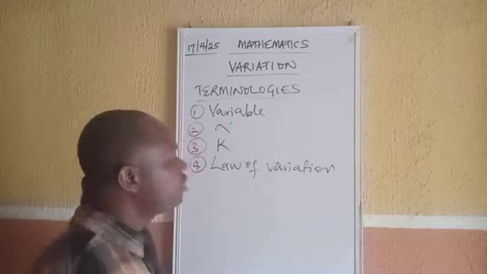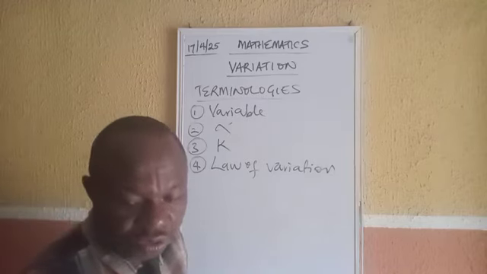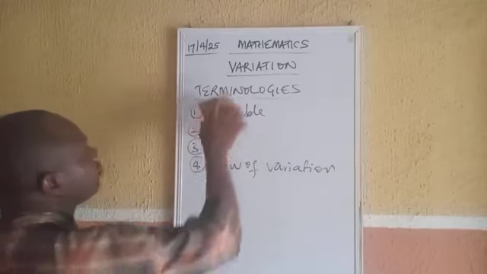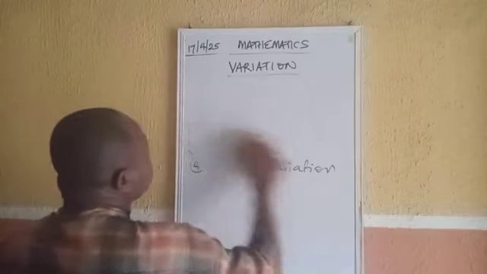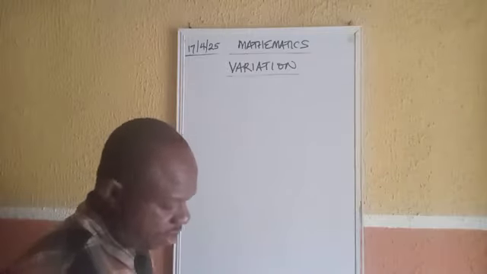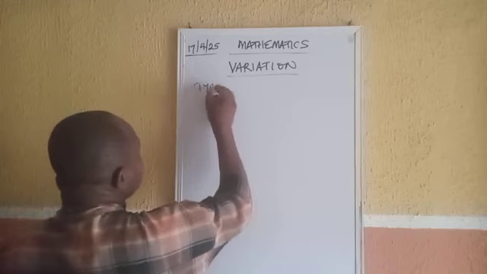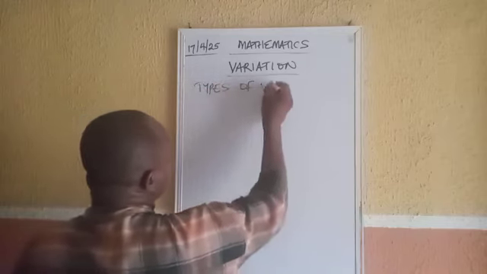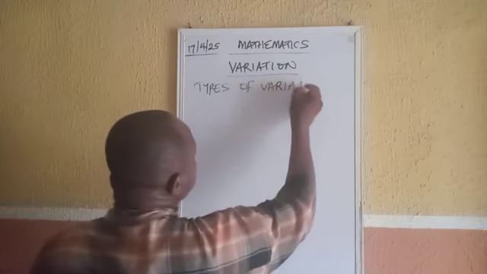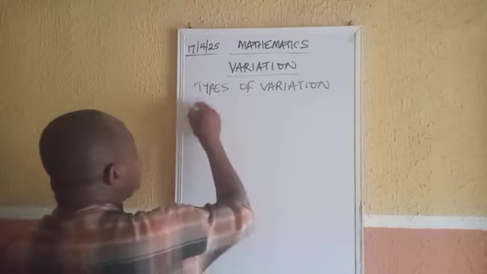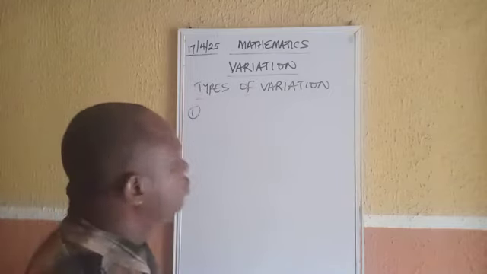Let's now go into the types of variation. There are four types of variation.